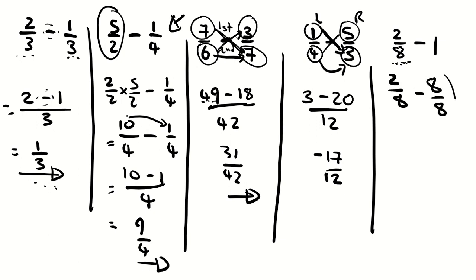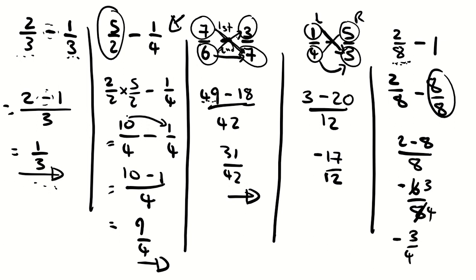You're turning this number into 8 over 8 because 8 over 8 is equal to 1, and that makes things easy because now the denominators are the same. So you're going to put your 8 here, and then you're going to say 2 minus 8. So 2 minus 8 is going to be equal to negative 6 over 8. 2 goes into 6 3 times. 2 goes into 8 4 times. Your answer is going to be negative 3 over 4.